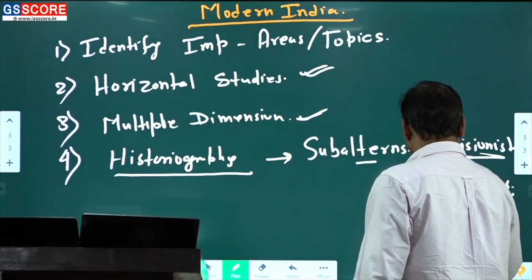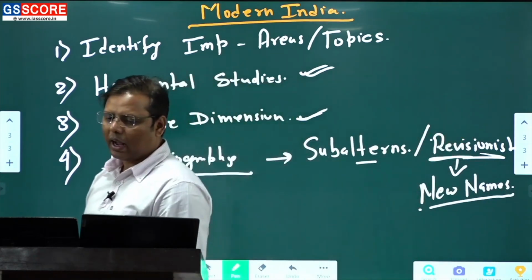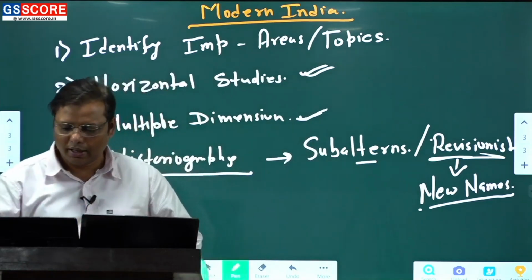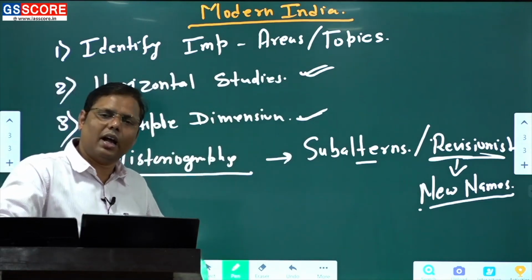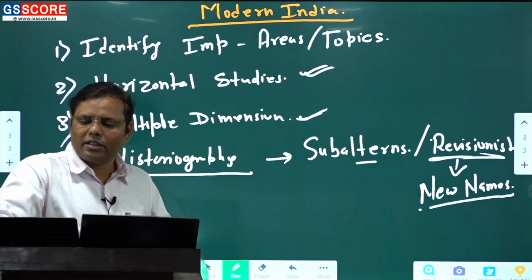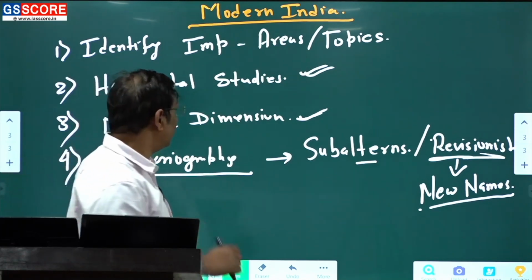Instead of preparing a longer list of historians, because frankly speaking in modern India there is no dearth of them, and many historians are writing, you don't have to talk about everyone, only a select few important people. So the list should be very concise, but it should be updated. That is very important.